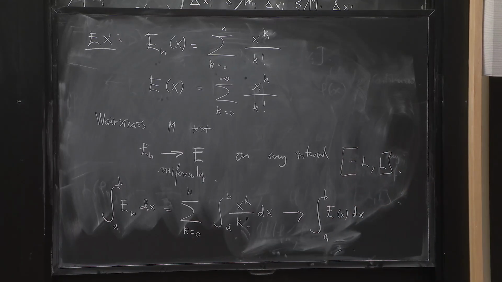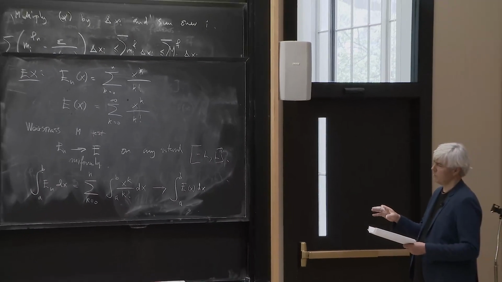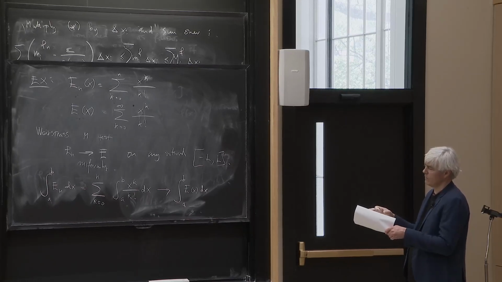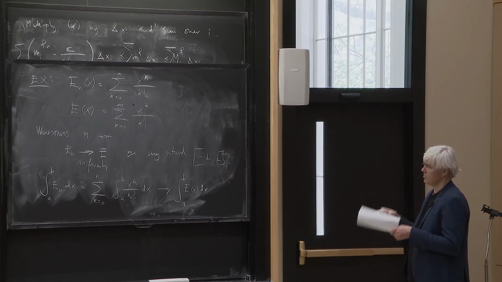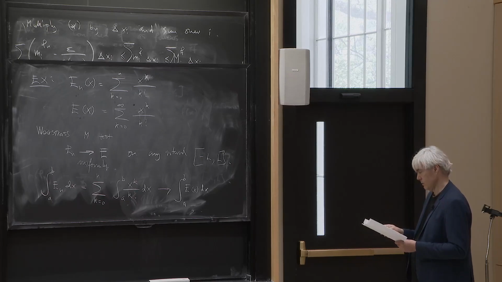So the point is, if you have uniform convergence, as we have from the Weierstrass M-test, then we can interchange this infinite sum with taking integrals, okay?